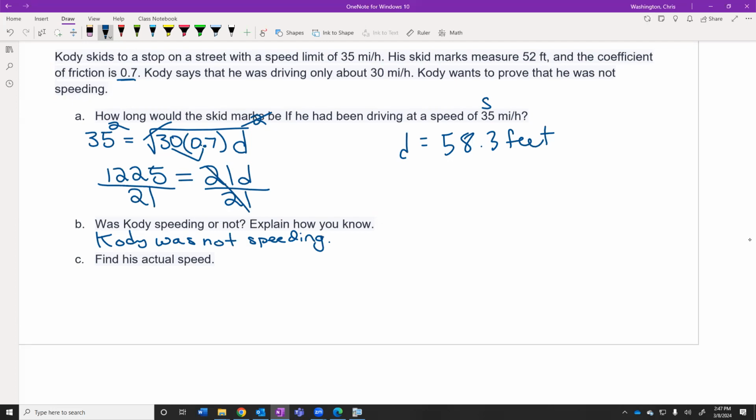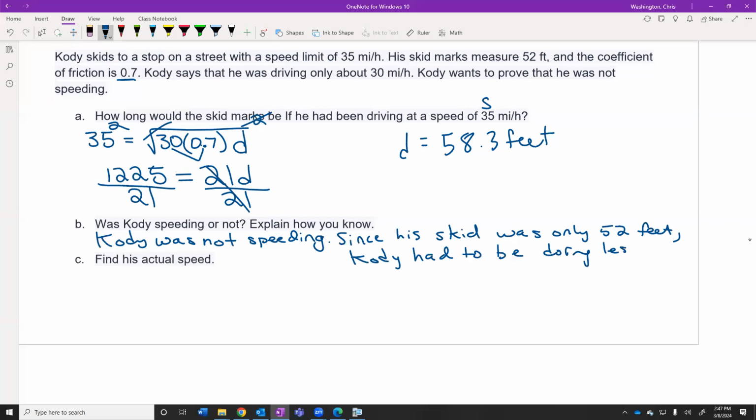He actually skidded 52 feet, which is less than 58.3 feet. So since his skid was only 52 feet, Cody had to be doing less than 35. If he was doing more than 35 miles per hour, his skid length would have been longer than 58.3. But he was doing less than 35.